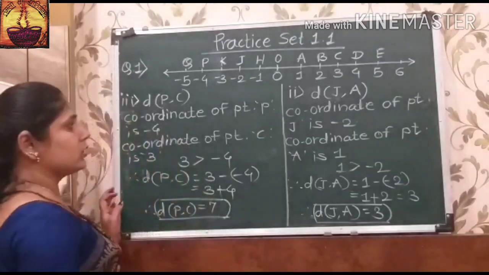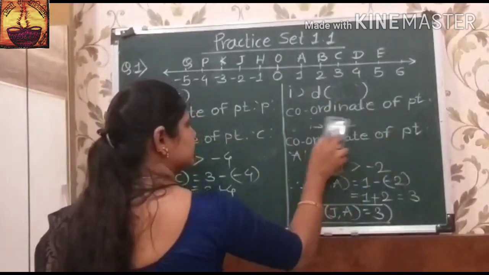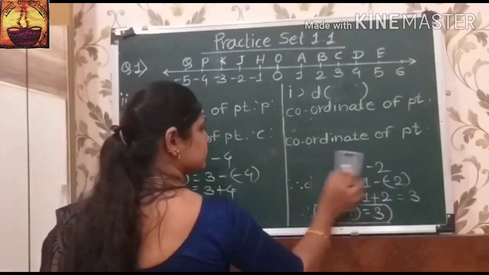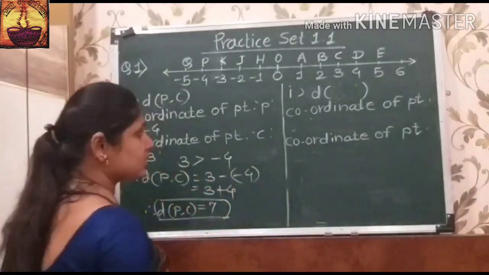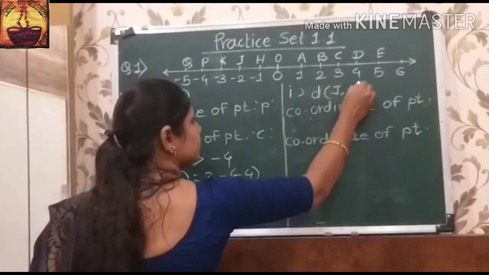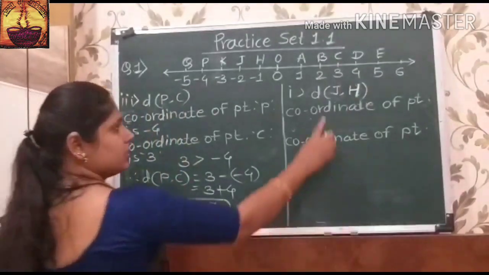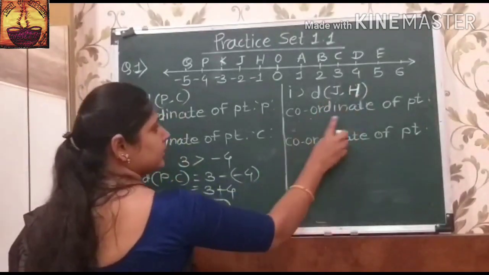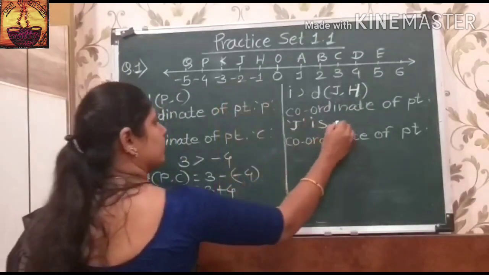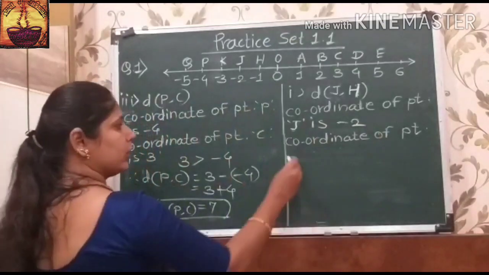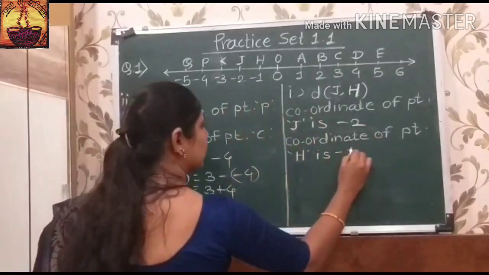Therefore, distance PC is equal to 7. Now, the fourth example is distance JH. For finding the distance between J and H, we write coordinate of point J is minus 2 and coordinate of point H is minus 1.